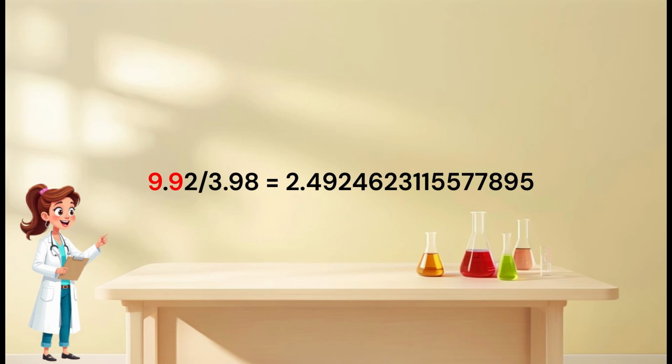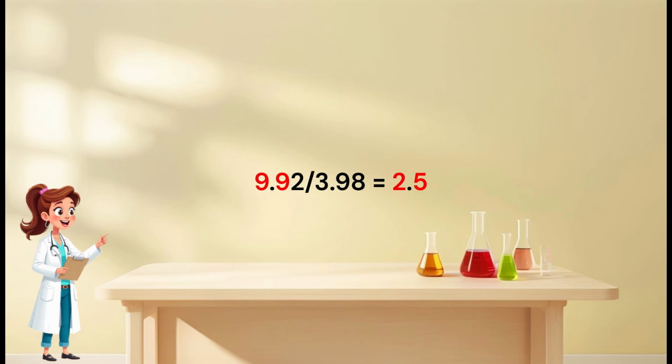Then perform the division, 9.92 divided by 3.98. That yields 2.49246, 23115577895. The numerator has 2 significant figures, while the denominator has 3. The final result must have 2 significant figures. So, after rounding, the final result is 2.5.